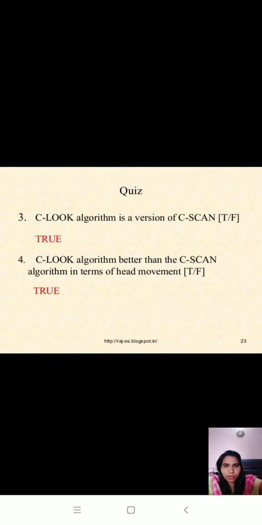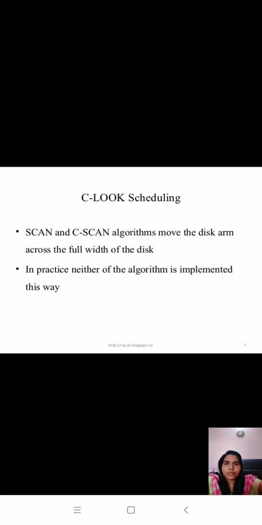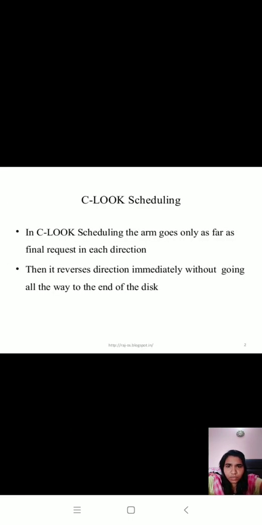this problem, right? So okay, here we have CLOOK scheduling. SCAN and CSCAN algorithms move the disk arm across the full width of the disk. So in the CLOOK scheduling algorithm, the arm goes only as far as the final request in each direction.